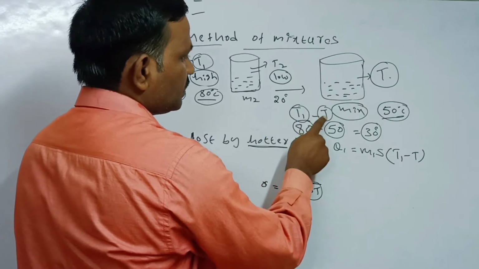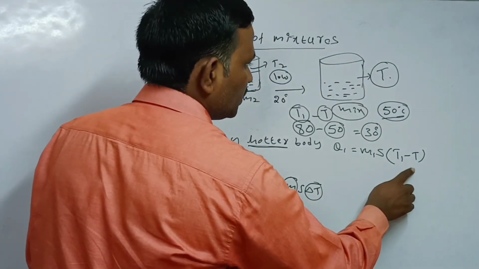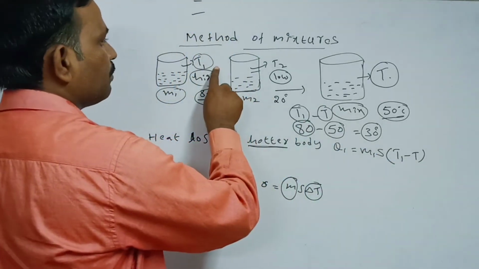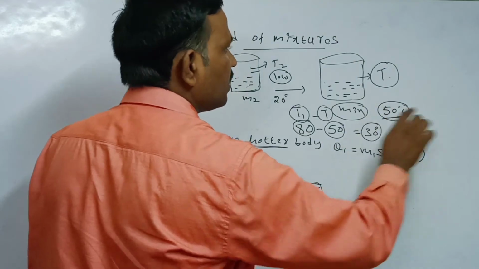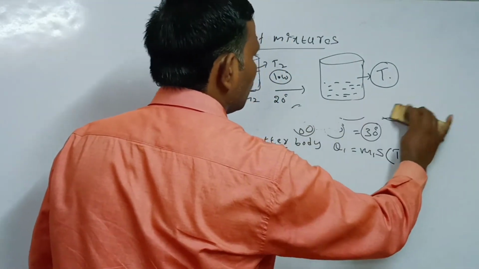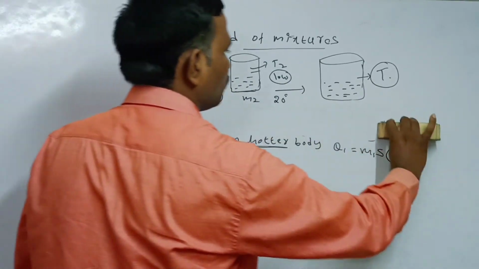So T1 minus T is the change in temperature, where T1 is the hotter body temperature and T is the mixture temperature. So this is the amount of heat lost by the hotter body. Now we will see about the colder body.